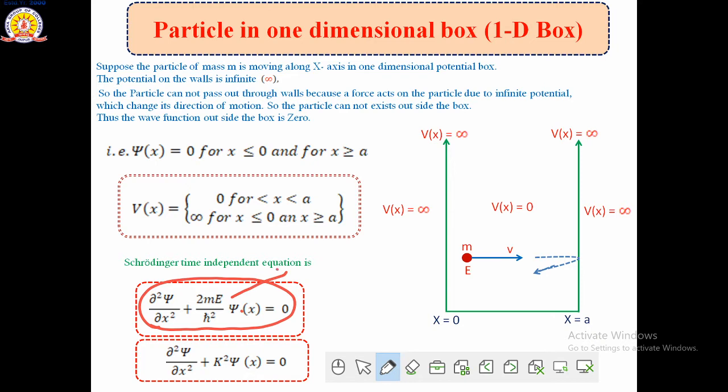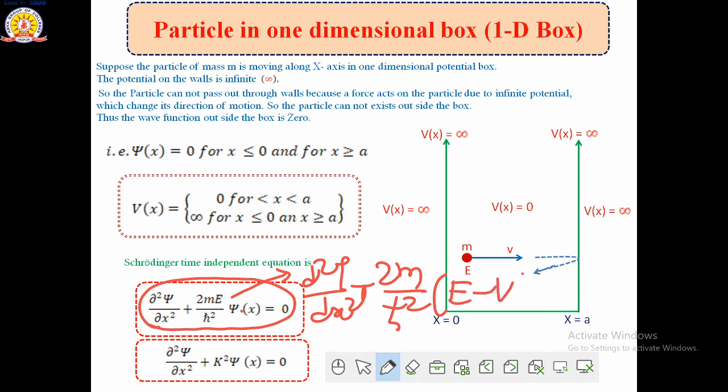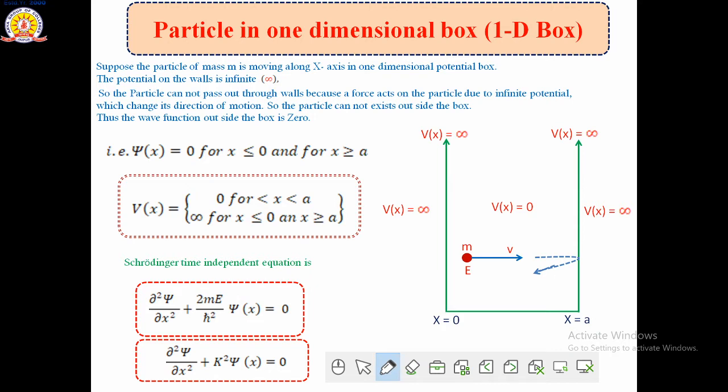The complete equation is d2 psi upon dx square plus 2m upon h cross square (E minus V) psi of x is equal to 0. Here I am taking the potential energy as 0, so I put that value in, and the equation becomes the Schrodinger time independent wave equation for one dimension.